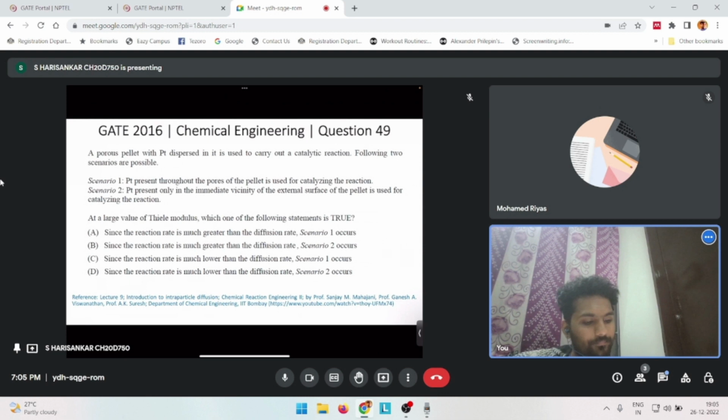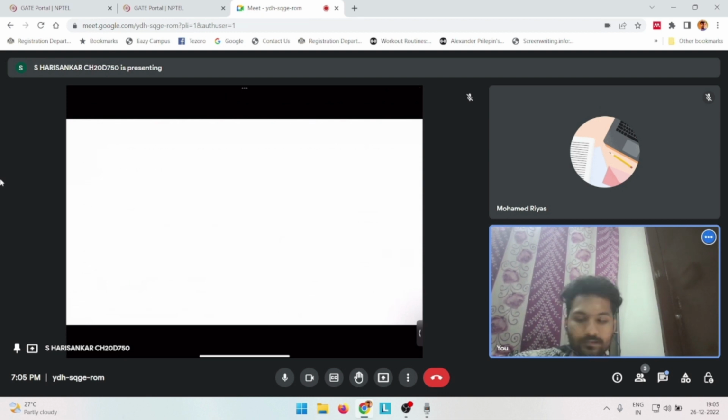So here there are two scenarios given. Let's say this is our pore or active site on the catalyst. So you have a particle. The first step in catalysis is that this particle from the bulk has to diffuse externally to reach the external surface of the catalyst.